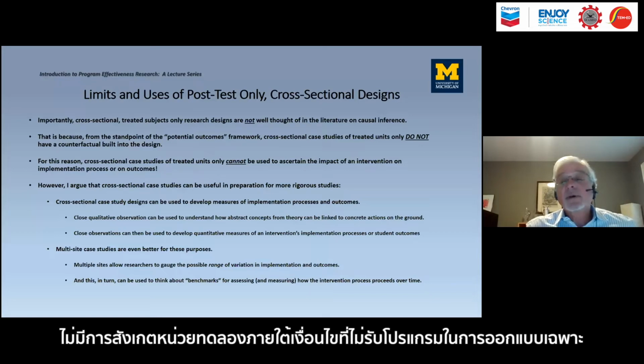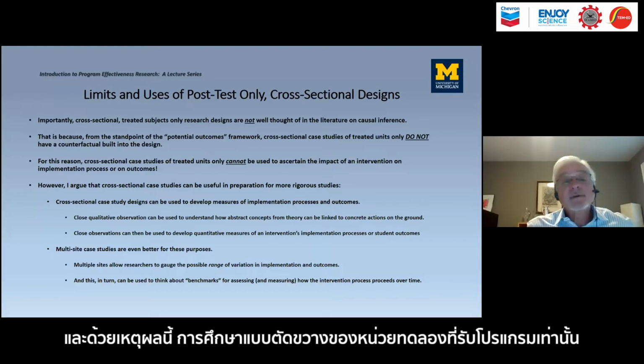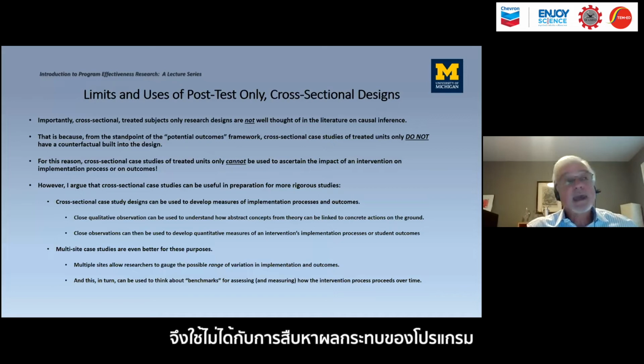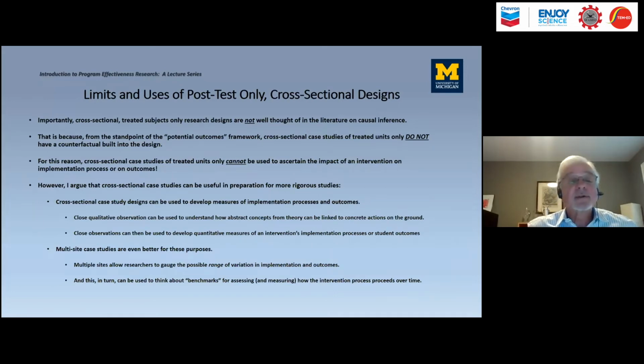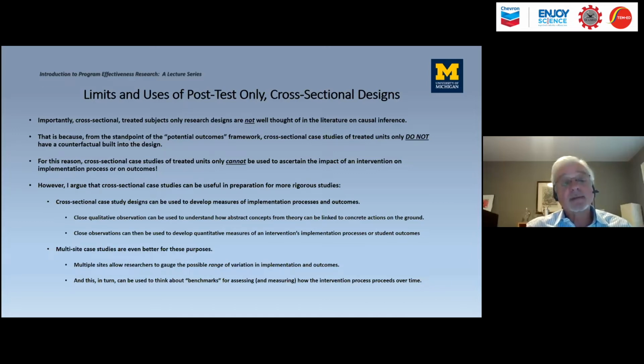There is no observation of the units under untreated conditions in the post-only design. So there is no counterfactual. And for this reason, cross-sectional studies of treated units only can't be used to ascertain the impact of an intervention on either the implementation processes or on outcomes.